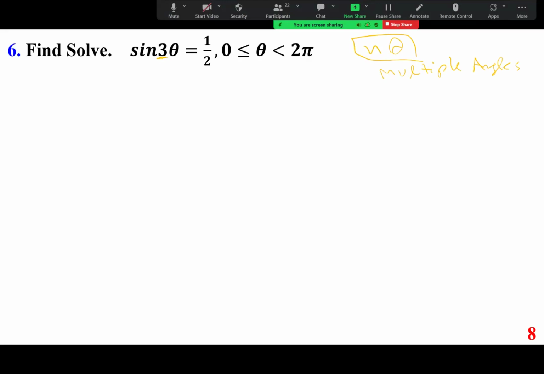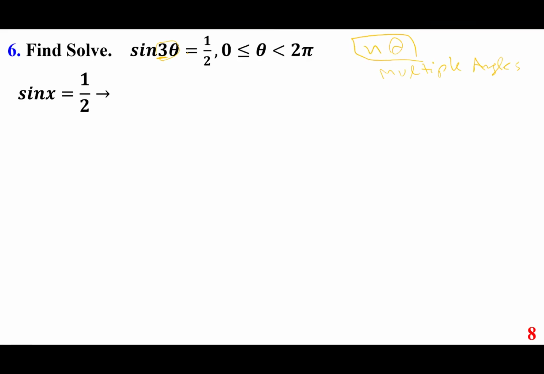First of all, assume this is x or y or z or alpha or beta, and sine x equals 1/2. That results in 2 answers from 0 to 2 pi. The first is pi over 6. I hope you remember pi over 6, that's a common angle. Sine is positive in the second quadrant, so pi minus pi over 6 makes it 5 pi over 6.